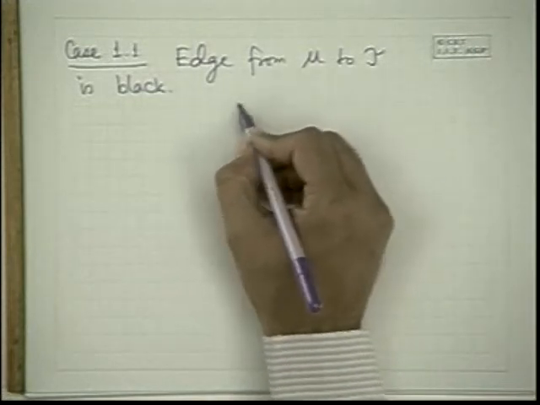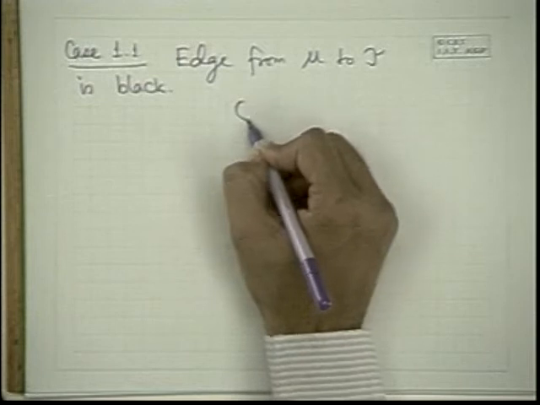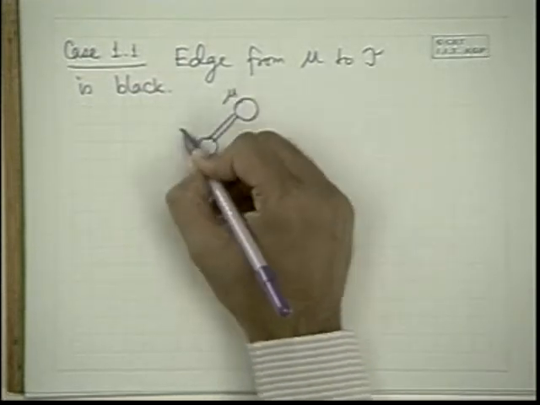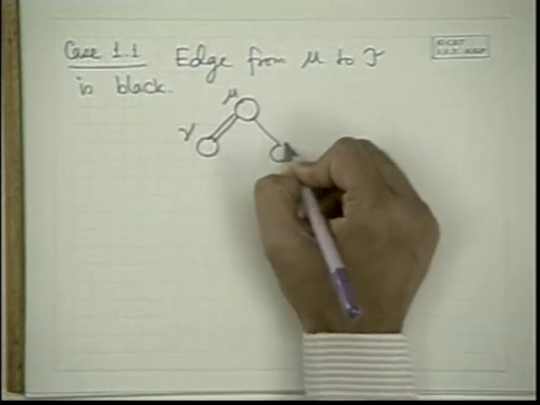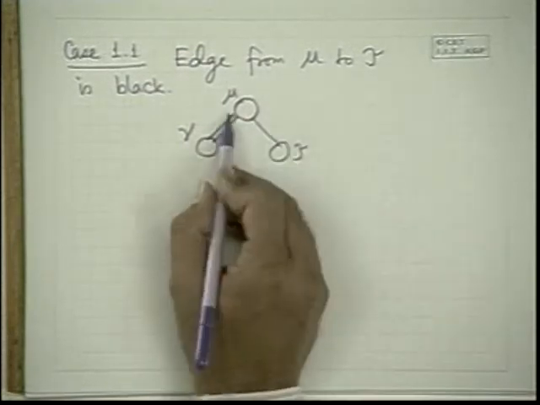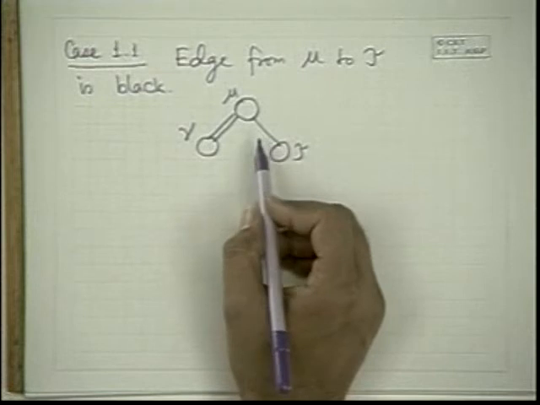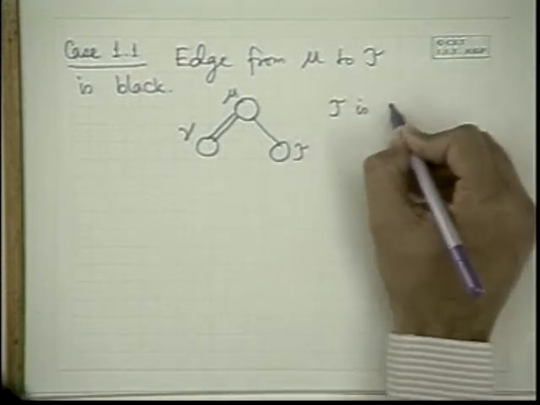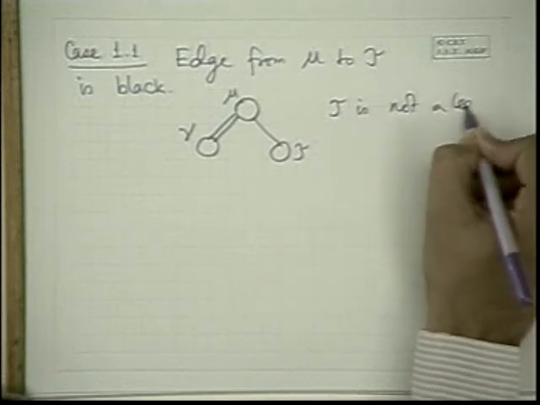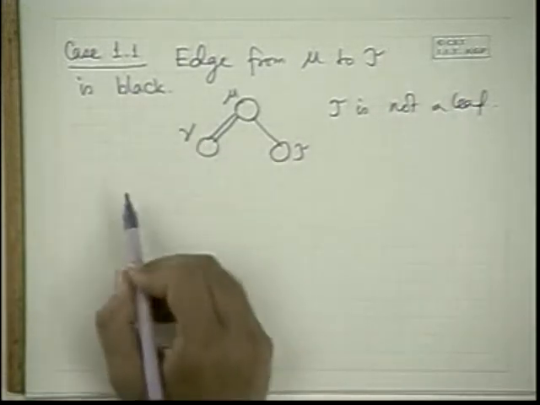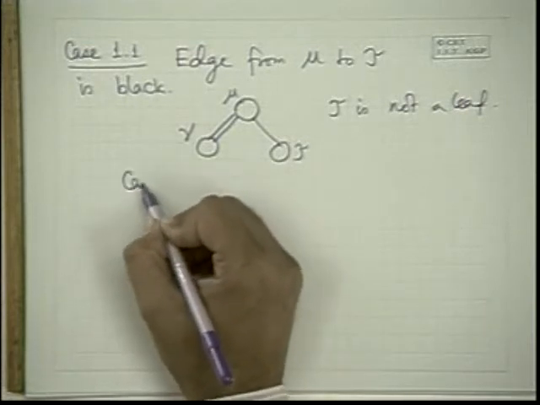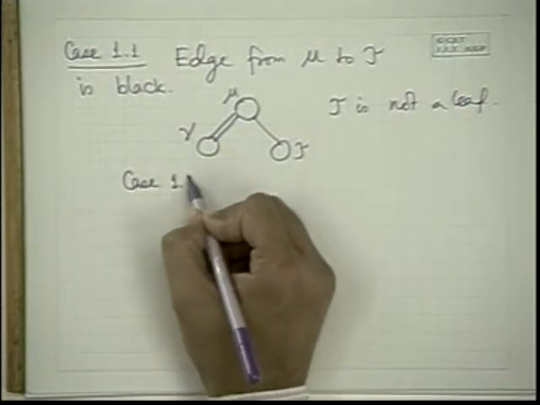Let me draw it again. So this is the situation: mu, nu, tau. So the edge from mu to tau is black. This is the first condition, and we know in this case tau is not a leaf. I'm just repeating. Now under this case 1.1, we have several other sub cases. So case 1.1.1.